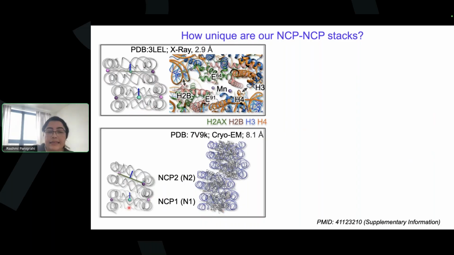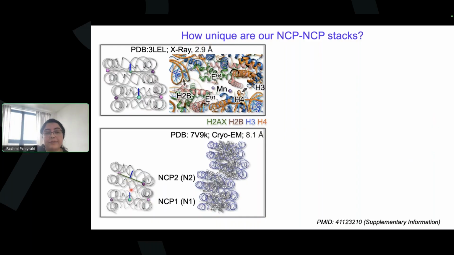In this case only, you could see high shift values, which means here the NCP1 dyad center is over here, the NCP2 is kind of turned, and the shift value is around 25 to 27 angstroms. And this is the largest shift value that we saw.